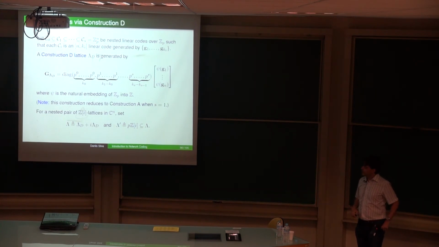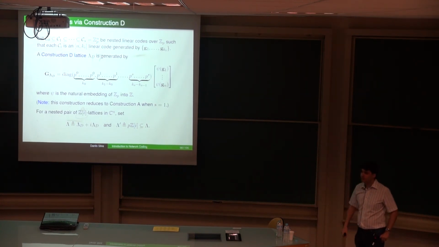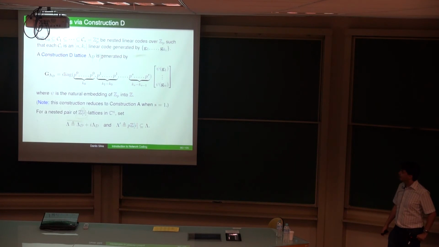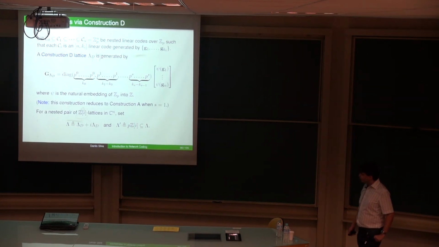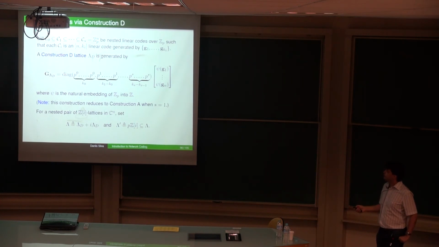But in my opinion, perhaps the most interesting construction is construction D, because it generalizes construction A, and it has very interesting properties. So construction D is based on nested linear codes that are given by some generators here.